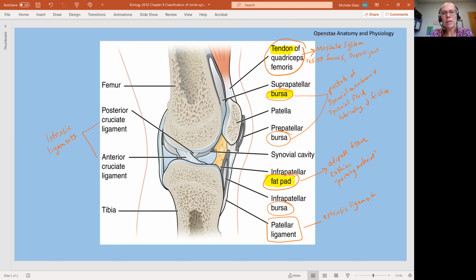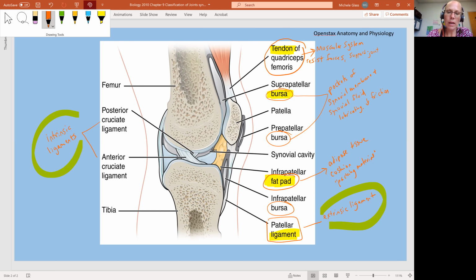We see tendons from the muscular system as well as ligaments helping to stabilize the joint. Those ligaments can either be located outside of the joint capsule or inside the joint capsule. And then the last structure to list here is the meniscus.